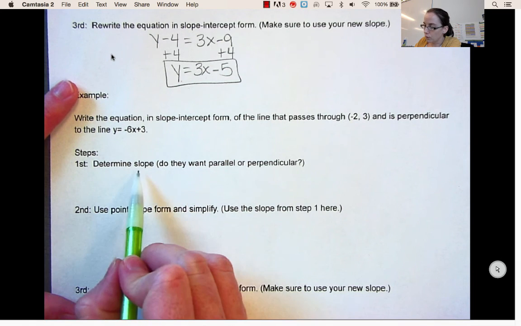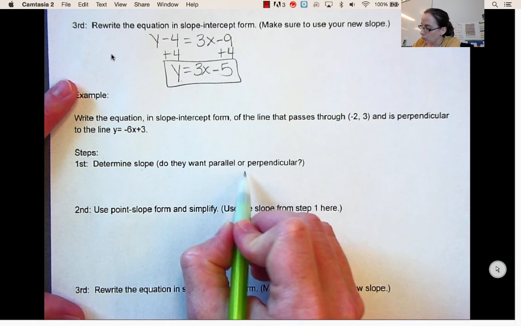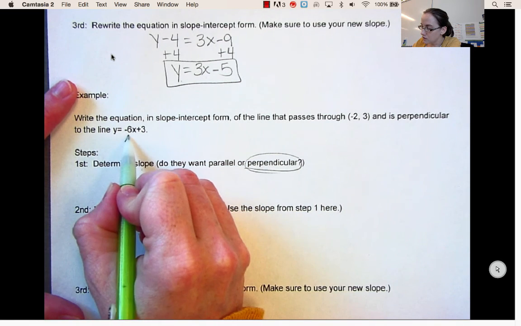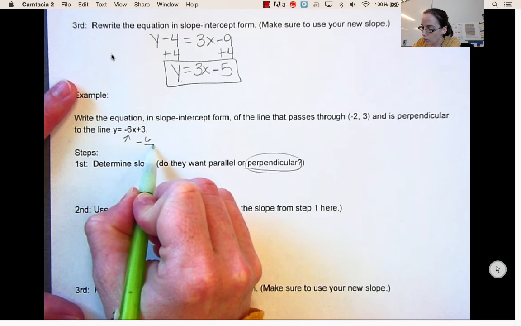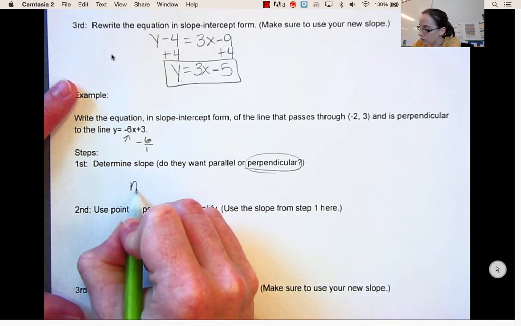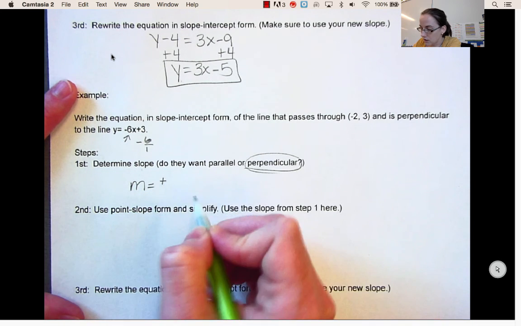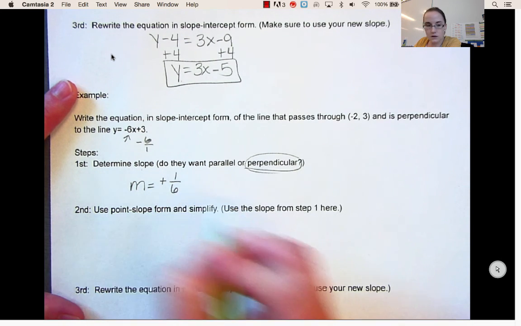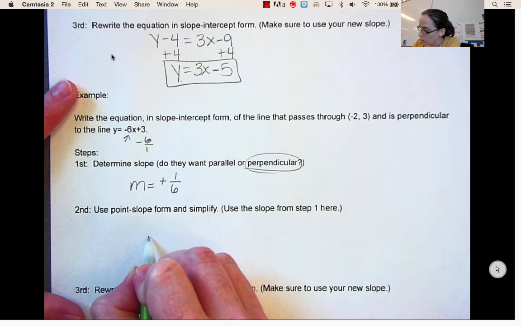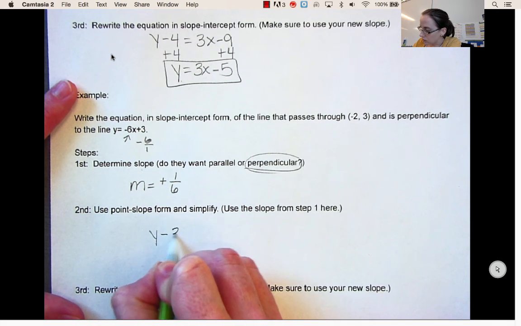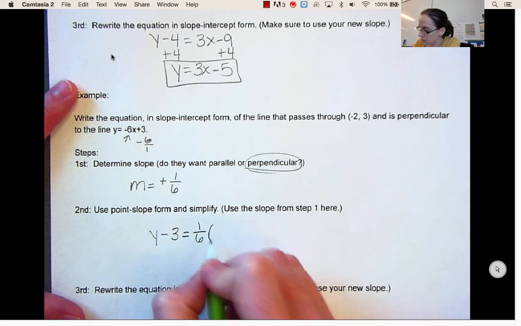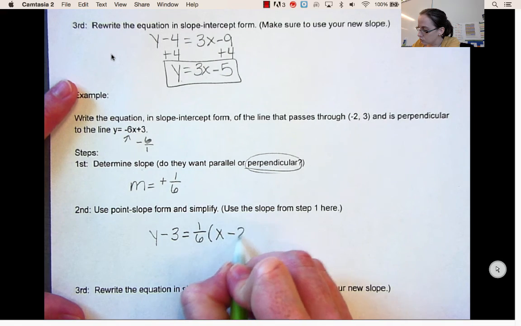And the next one, or the last one, is to practice a perpendicular line. So first, we want to determine the slope, and we know we're looking at perpendicular. The negative reciprocal. Well, this is written -6/1 if I wanted to look at it as a fraction. So I'm going to have to use the positive version and 1/6. So use point slope form. Y minus 3 equals 1/6 times x minus 2.